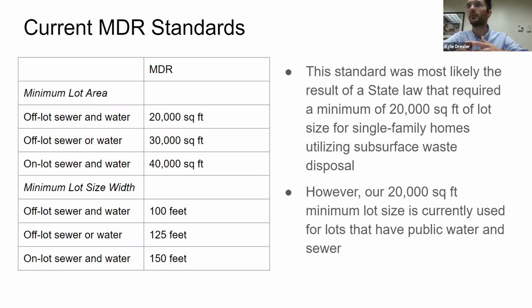They have town water and sewer. So that requirement for 20,000 square feet isn't necessarily applicable in that case. So it became something in the comprehensive plan that was noted as being looked at more thoroughly and possibly being able to be adjusted.